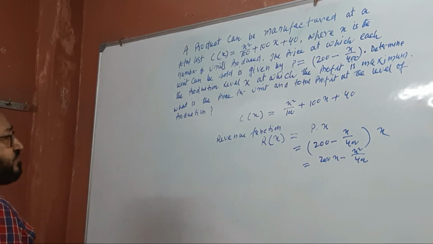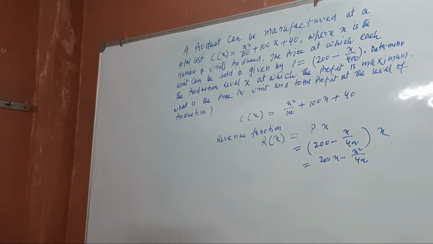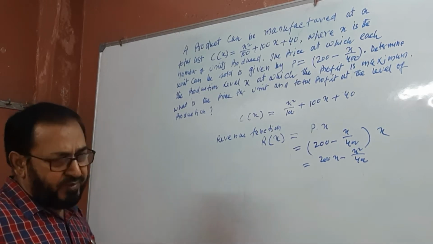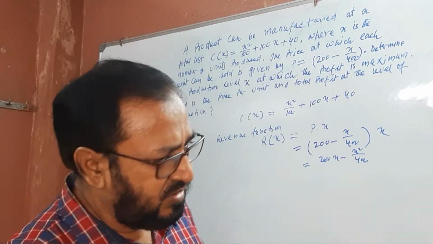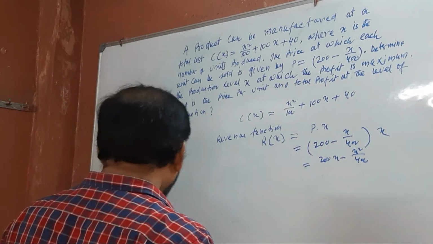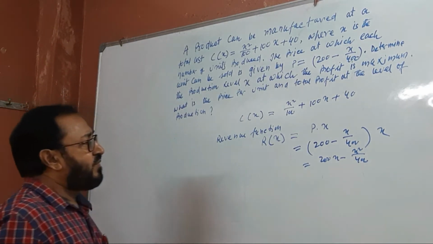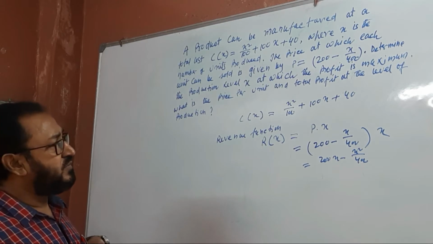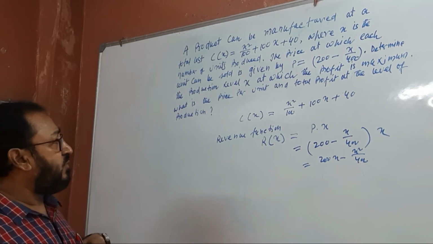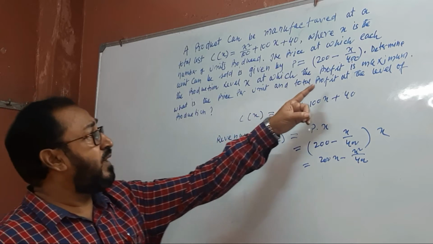Now at the break-even point, R(x) equal to C(x), and the profit would be revenue minus cost. Here the break-even point did not come out, but the profit is to be maximum.